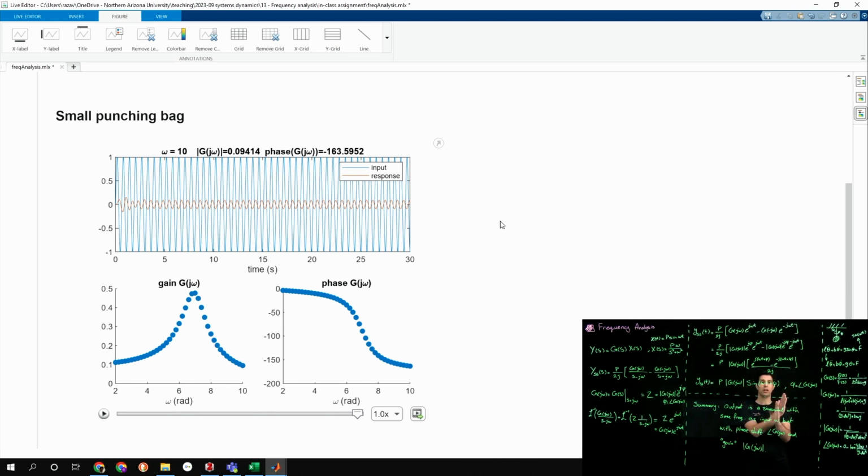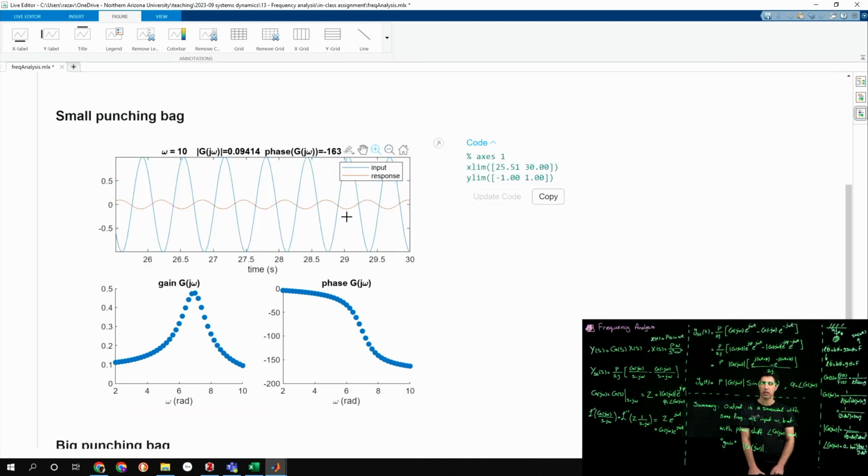So there's going to be a complete anti-phase relationship between the input and output. Maybe I can zoom in and see that the peak almost corresponds to the valley and vice versa of the input and output.